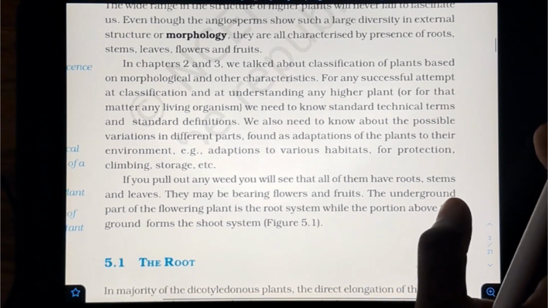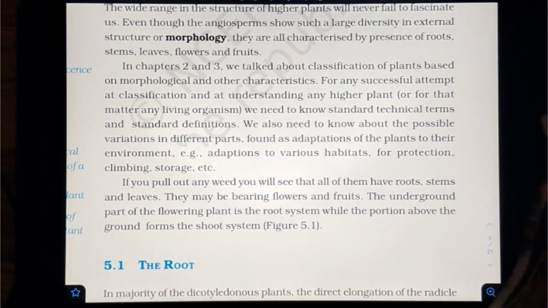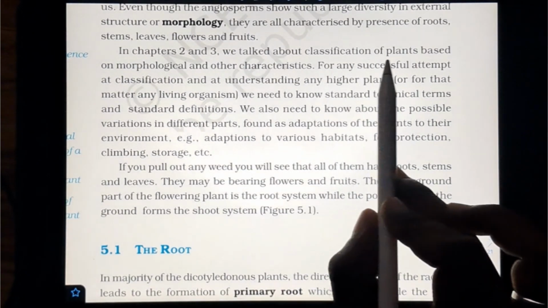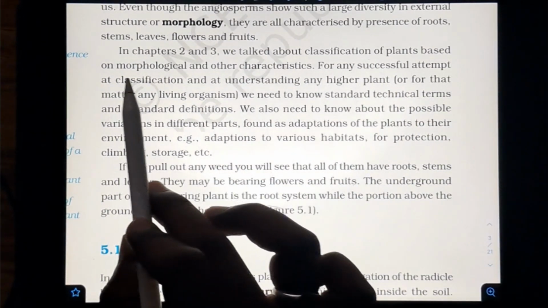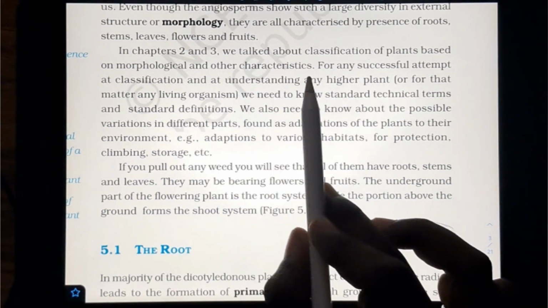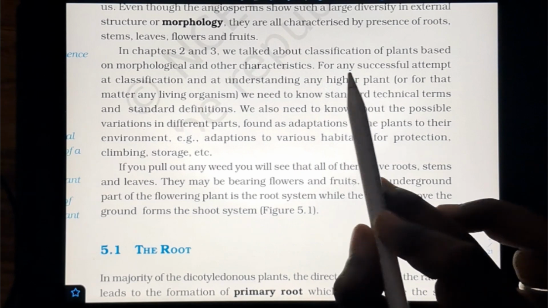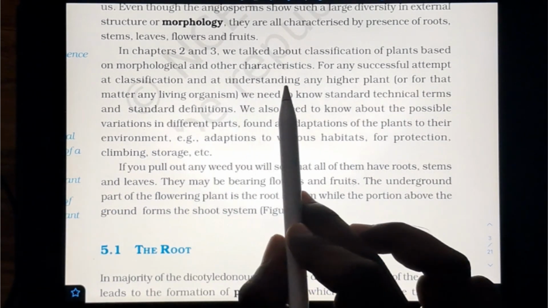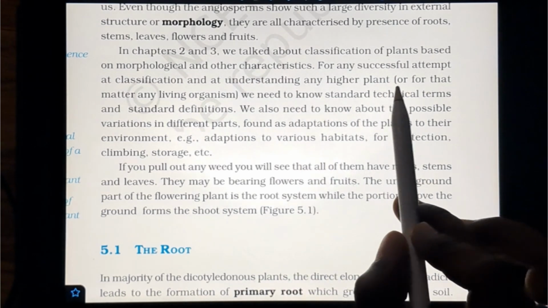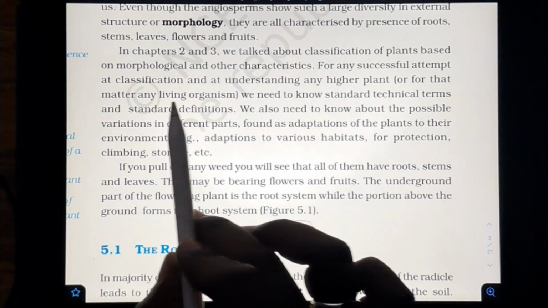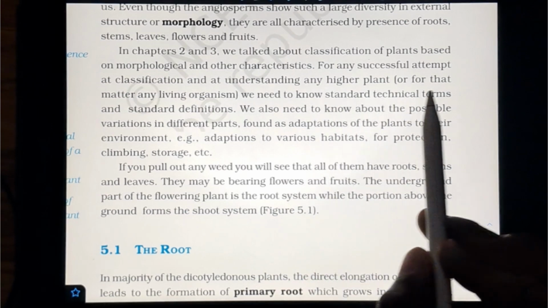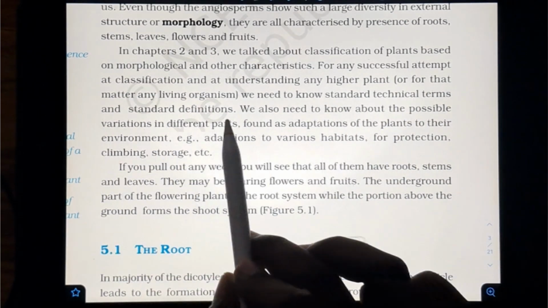In chapters 2 and 3, plant kingdom and biological classification, we talked about classification of plants based on morphological and other characteristics. For any successful attempt at classification and understanding of any living organisms, we need to know standard technical terms and standard definitions.